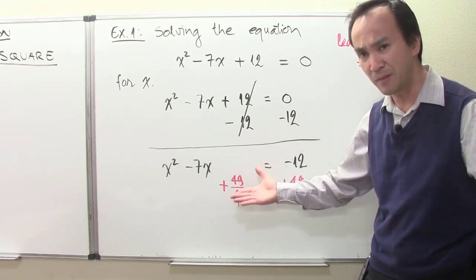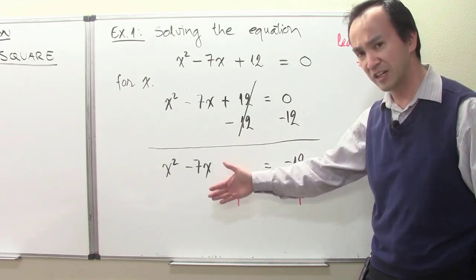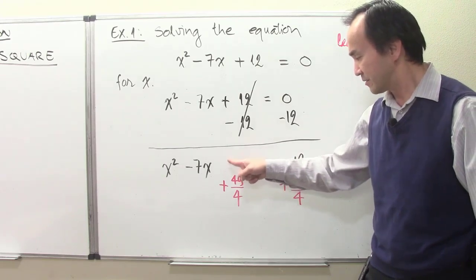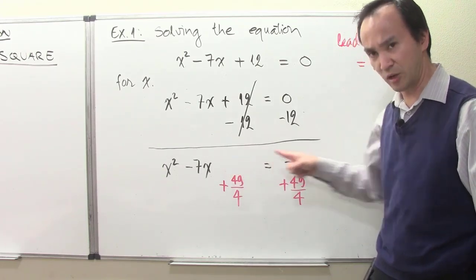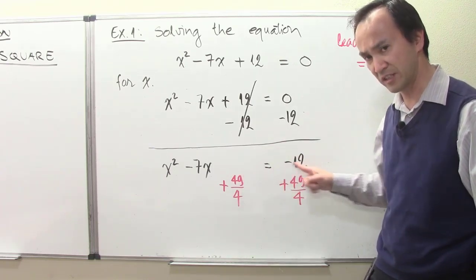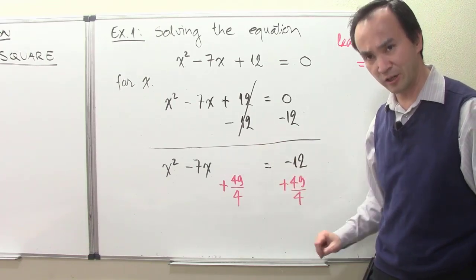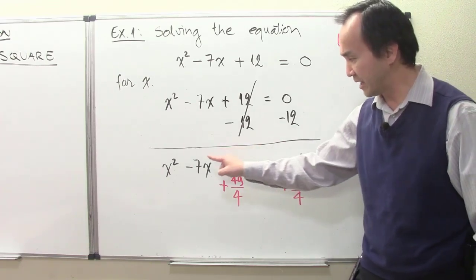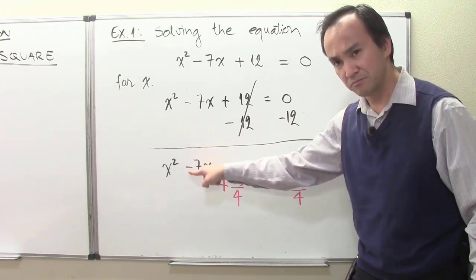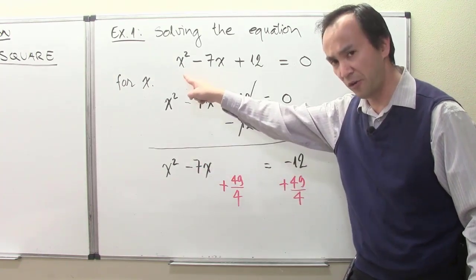There are so many numbers we can add to both sides of our equation, because from what we've learned in algebra up to this point, we can add any number to both sides, as long as it's the same number, and equality remains. But why specifically 49 over 4? Make clear notes that minus 7 here is our b coefficient for the x term, and our equation was already in standard form with leading coefficient 1.